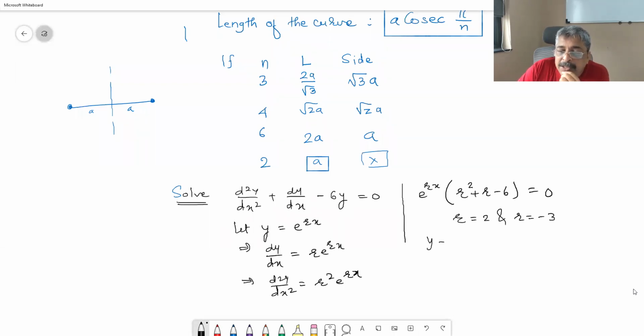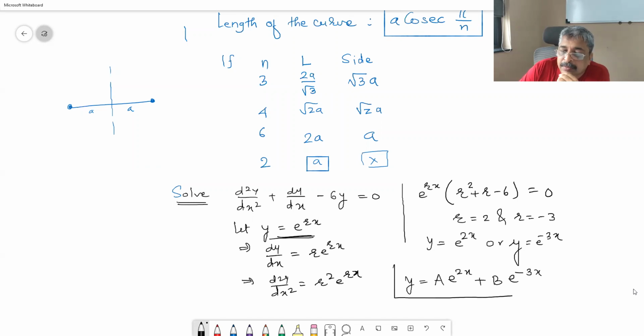Okay, so y is equal to e raised to 2x or y is equal to e raised to minus 3x. That is what we have reached by doing this so far. However, the solution of the differential equation is written like this. y is equal to a times e raised to 2x plus b times e raised to minus 3x.